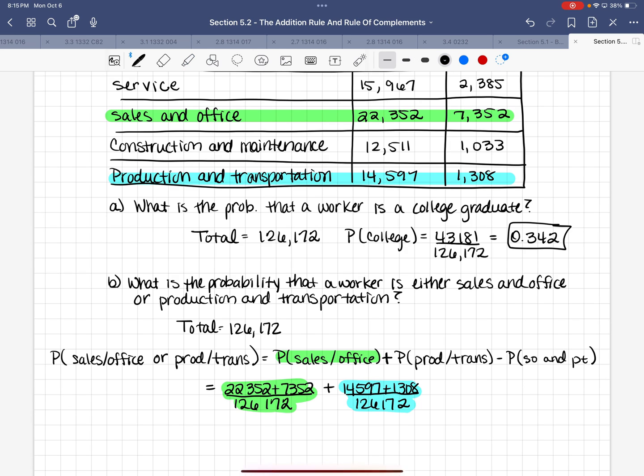Okay? Minus that intersection, that crossover where we do sales and office and production and transportation, which, like you said, the blue never crosses the green here, right? You didn't write any number down twice in the numerator, did you? Remember a while ago we had 25 written down 2 times? Well, that's just 0. You can put 0 over 126,172, but that's 0, guys. Okay?